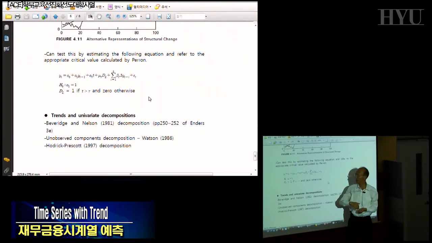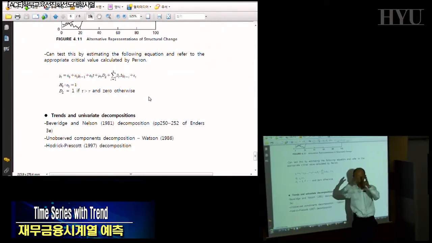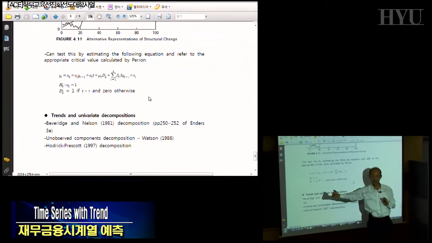Okay? And so if you actually treat this explicitly like that and refer to the particular table for inference, you are more likely to find a unit root.